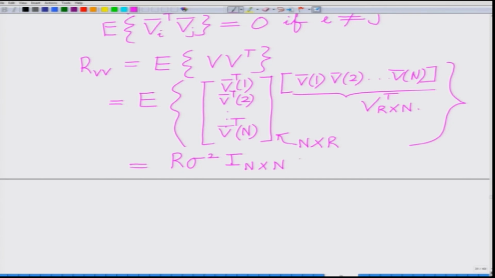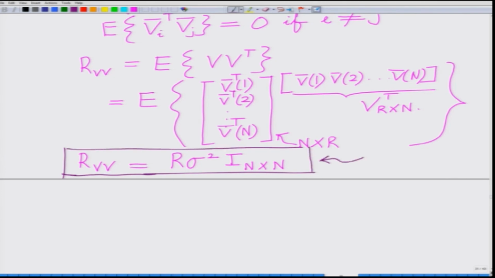So, R sigma square times the n cross n identity is R_VV, your noise covariance matrix.